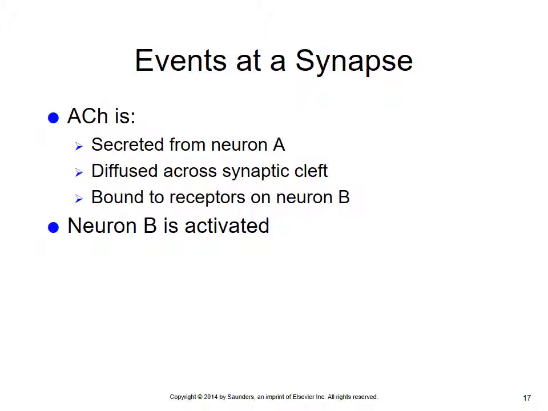So acetylcholine, which is a neurotransmitter, is secreted from neuron A. It diffuses across the synaptic cleft. It binds to the receptors on neuron B, and neuron B is then activated. So nerves must communicate with one another, and they do so at the synapse. In the upper panel, the boxed area shows the communication at the synapse, and then the lower panel shows the steps.